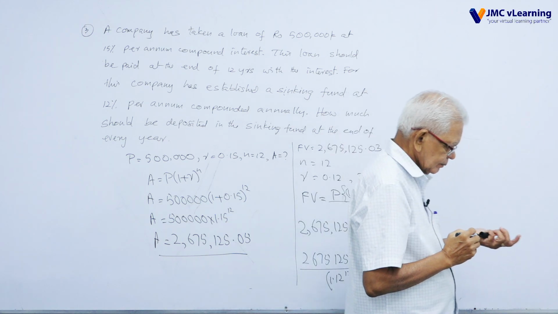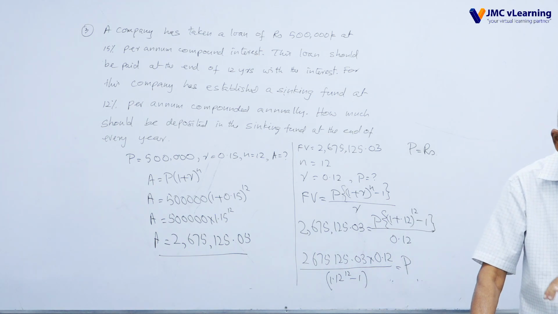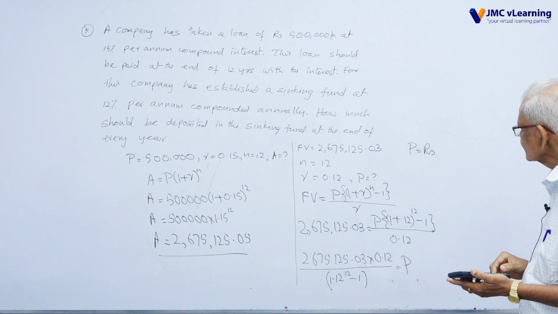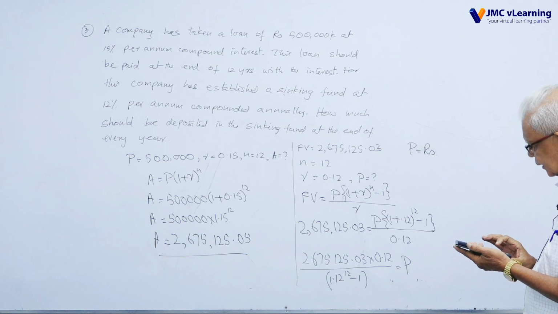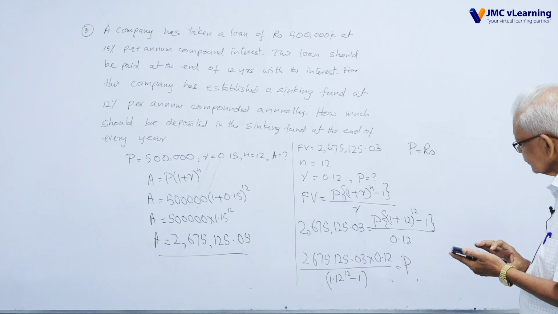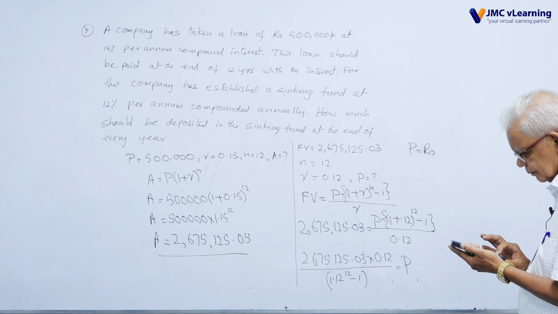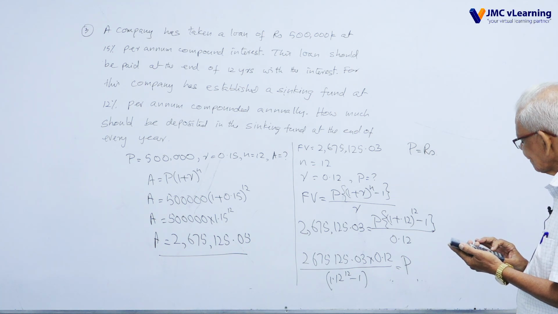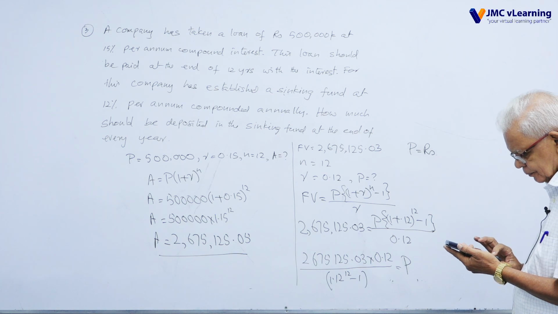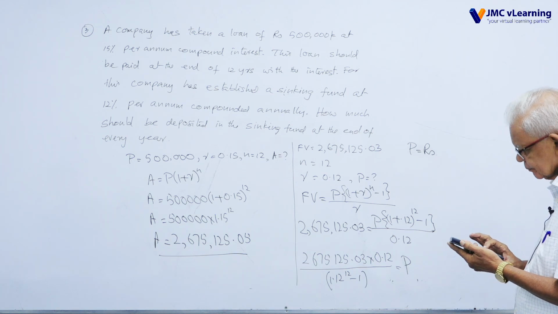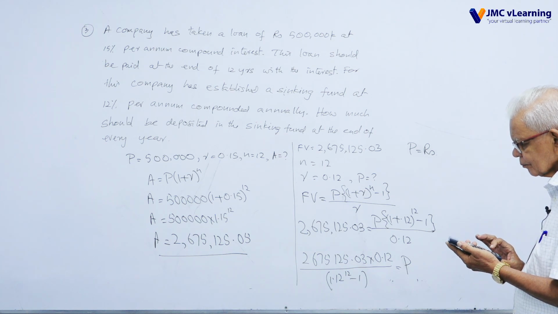rupees, that value. 2,675,125.03 divided by, into 0.12, divided by brackets 1.12 to the power 12 minus 1.